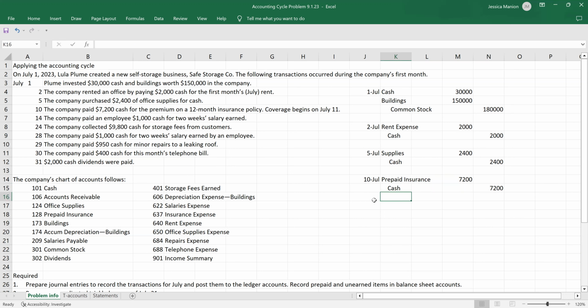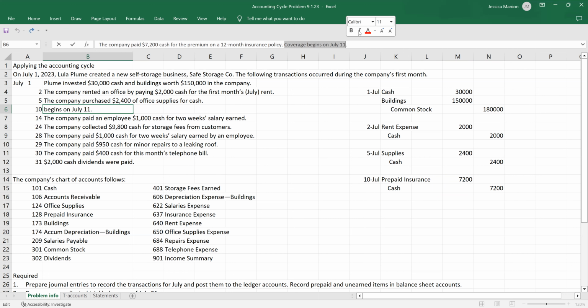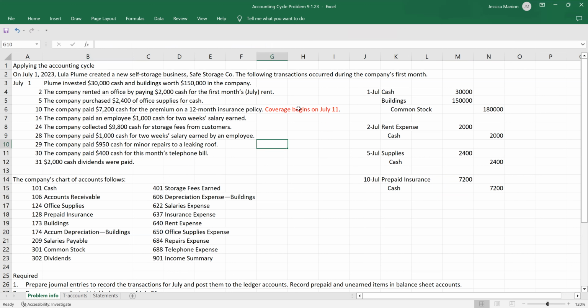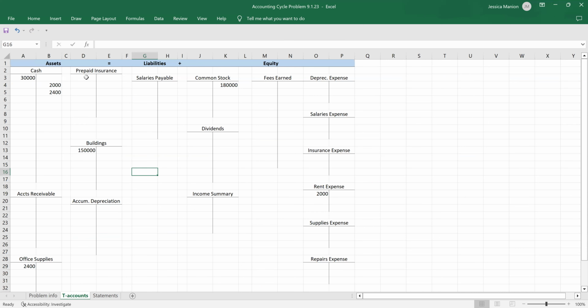And just real quick, I just want to point this out to you guys because this is going to come up in our adjusting entries. The coverage began on July 11th, and so when we get to our adjusting entries, we're going to have to make an adjustment based on 2/3 of the month, essentially, is how that's going to work out. But okay, let's click post and record this in our T account. So we've got debit prepaid insurance, credit cash.